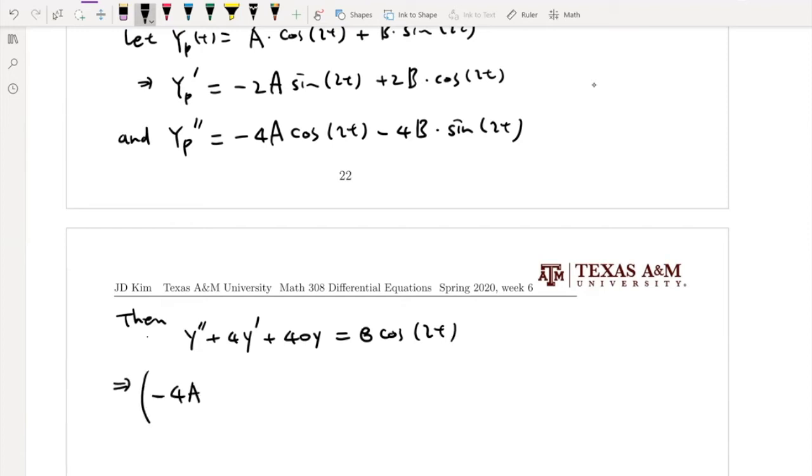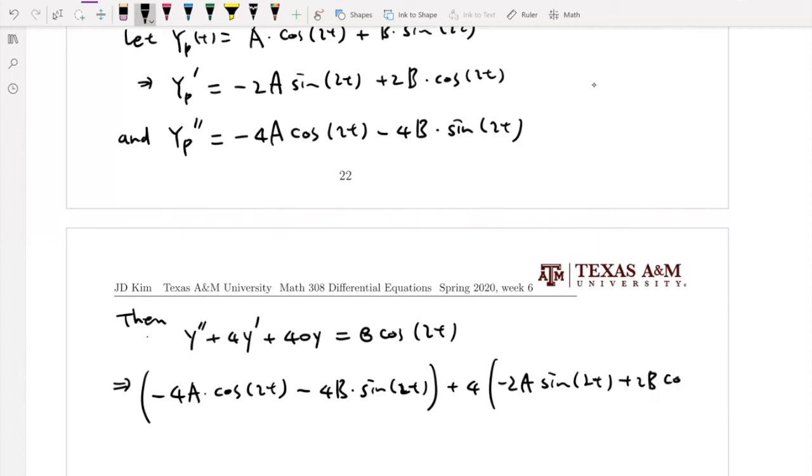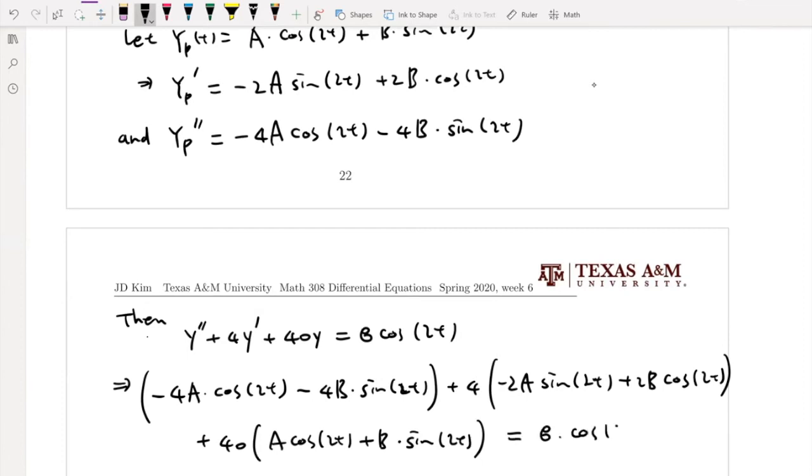Negative 4a cosine 2t minus 4b sine 2t, and plus 4 times y prime, which is negative 2a sine 2t plus 2b cosine of 2t, and plus 40 times y, which is a cosine 2t plus b sine 2t, must be equal to your right-hand side, which is 8 cosine of 2t. Okay, are you with me so far?